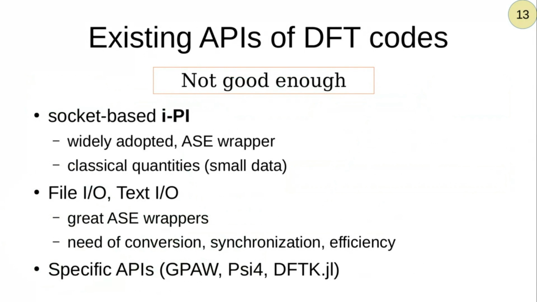What do we currently have for these interactions? There is an interesting and widely adopted socket-based interface API, but it supports only classical quantities, so essentially atomic coordinates and velocities. If you want to transfer the matrices of the Roothaan equations, you have to use file-based or text-based export of these matrices.